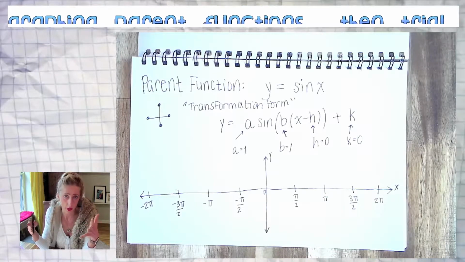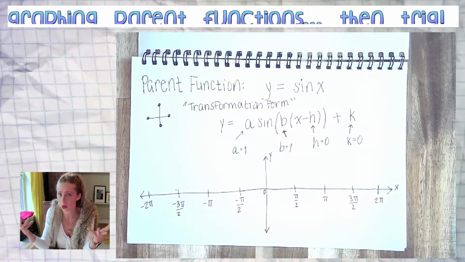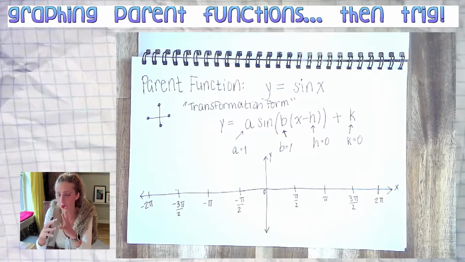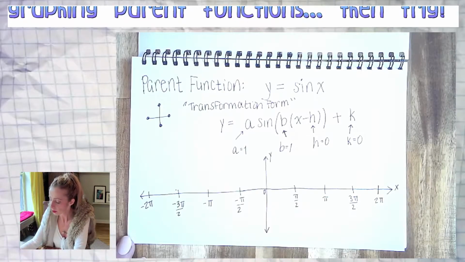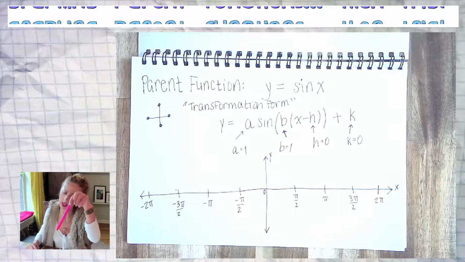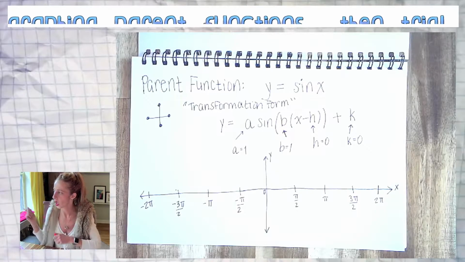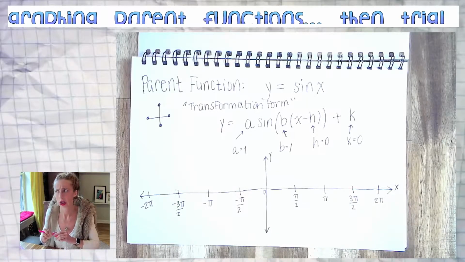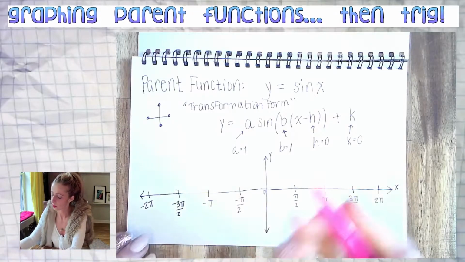So say between 0 and 2 pi, you may have more solutions if you have a compression, and we'll talk more about that.